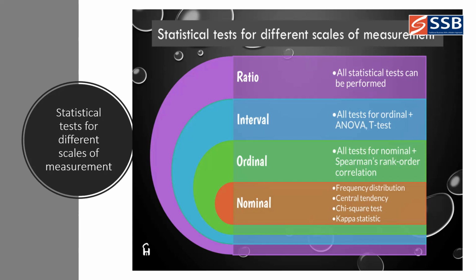Next we are going to talk about the ordinal scale. In ordinal, you can do all the tests for nominal, along with Spearman's rank order correlation. Sometimes you might have scales ranking the order. Which one do you choose, or what category would you like to choose? For example, there are different services rendered by banks.